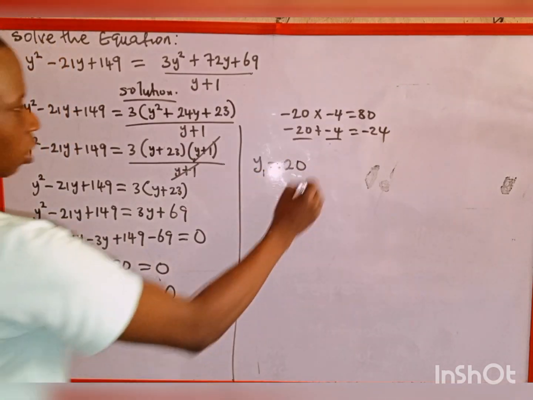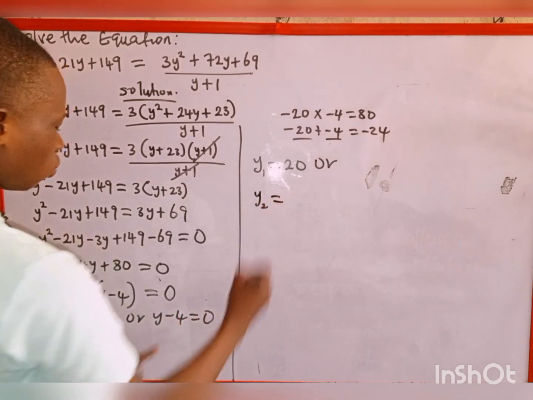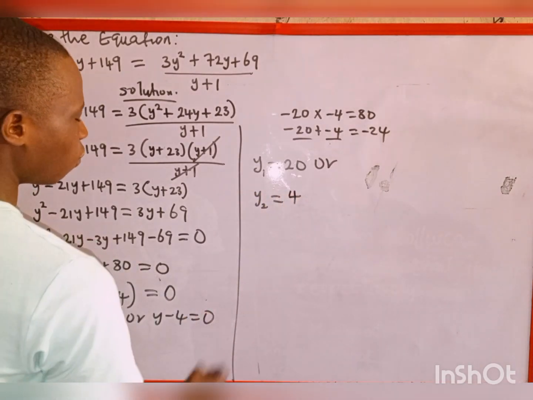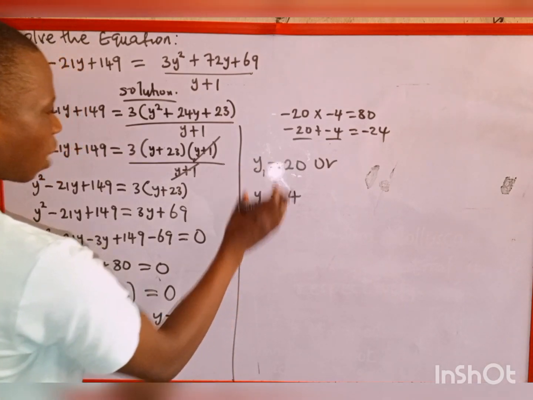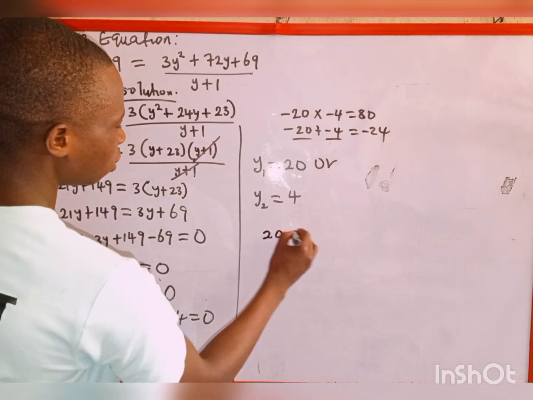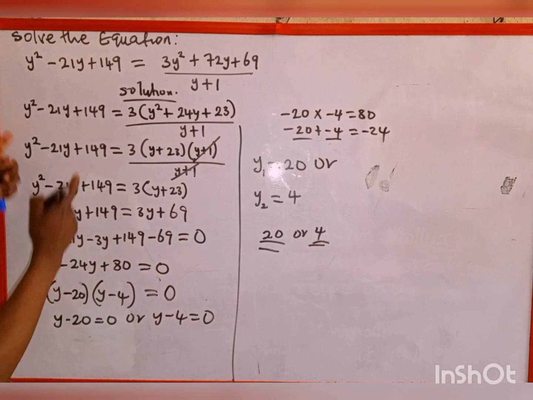So this is y1. To get the value of y2, if you take this negative 4 to the other side, it's going to be 4. So therefore the value of y that satisfies this equation is going to be positive 20 or 4. These are the two solutions of y in this equation.